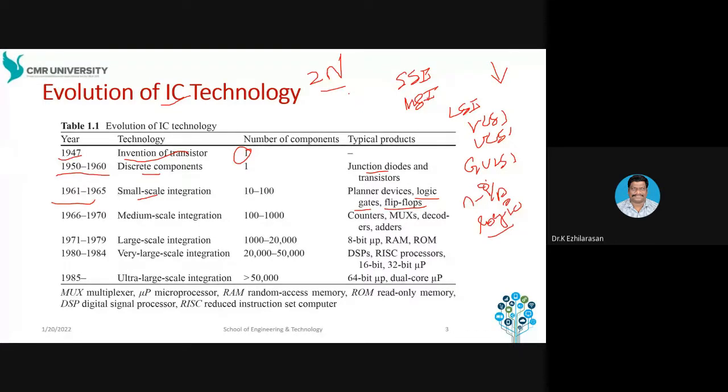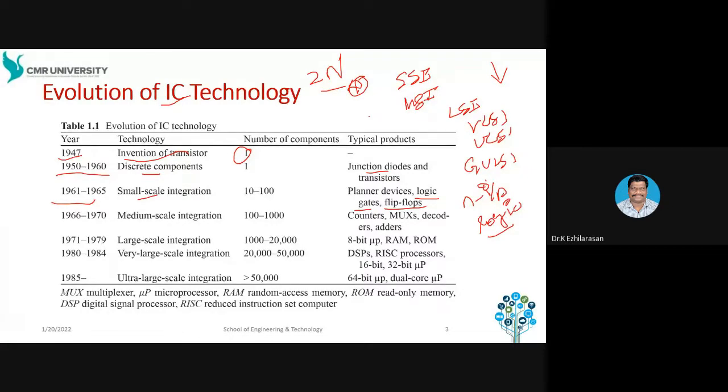You need an equal number of P transistors and N transistors, so two P transistors and two N transistors are required. The number of inputs is 2, so 2 into 2, totally 4 transistors are required to implement a two input NAND gate or a NOR gate.